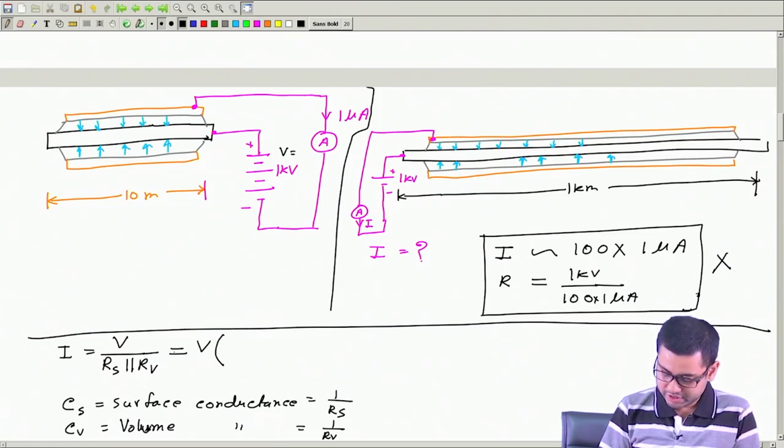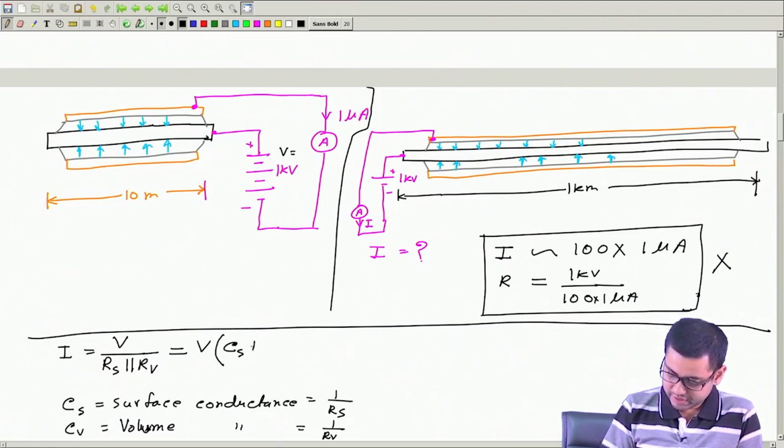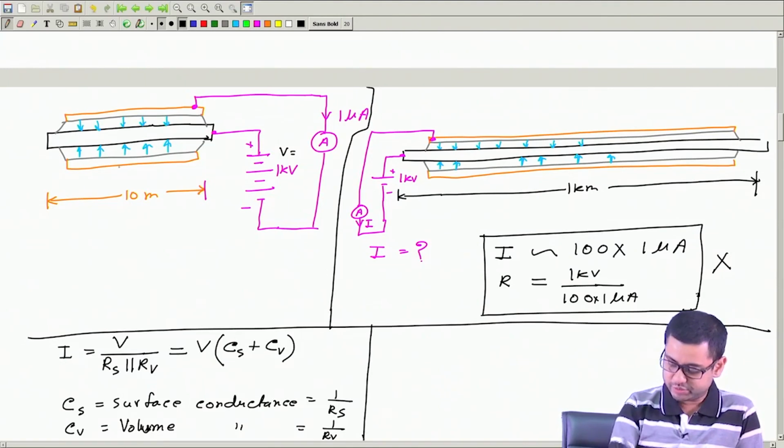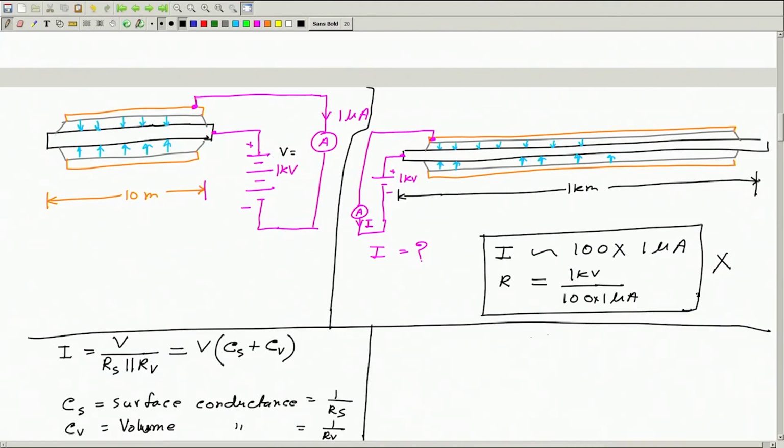Okay. So then we can write this as V multiplied by Cs plus Cv. This is for this experiment, and similarly for the other experiment we can write I as once again V multiplied by Cs plus Cv.